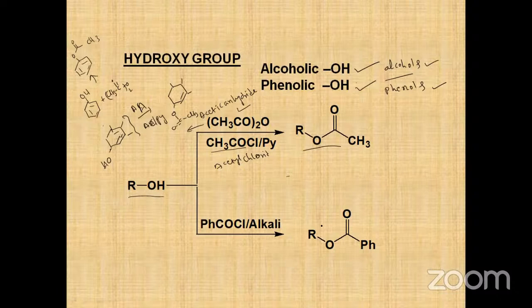Similarly, benzoyl chloride in alkali, meaning KOH or sodium hydroxide, leads to the formation of benzoate. The formation of benzoate or acetate indicates that the natural product has an OH group. It is the primary detection of OH.